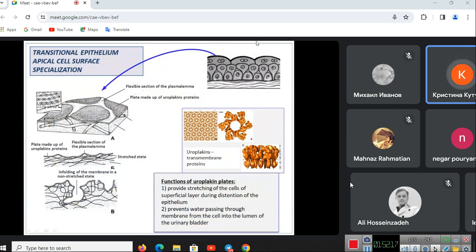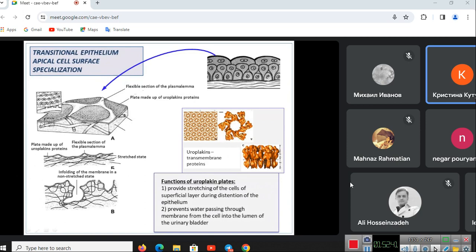What else we should know about the cells in this epithelium, which is also called urothelium, is that the cells of superficial layer have very specific apical cell surface specialization. This specialization is called the plates made up of uroplakin protein.